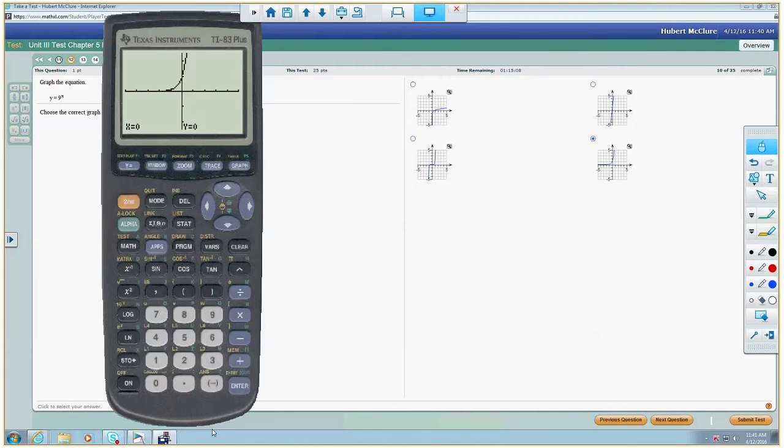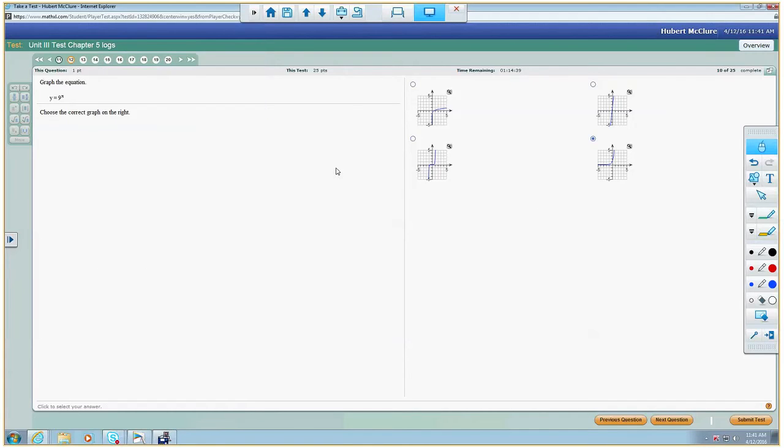So go down here. Hit window. I think you go right here. Yeah. -5 to +5, -5 to +5. And now look at it. There you go. Looks like that. Capiche?